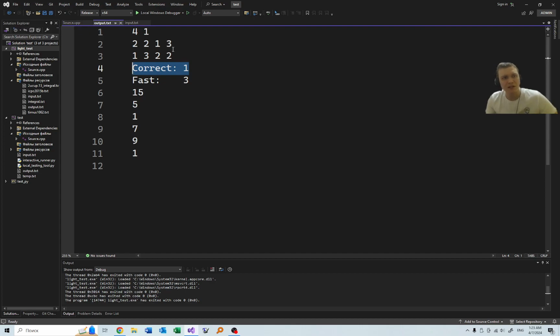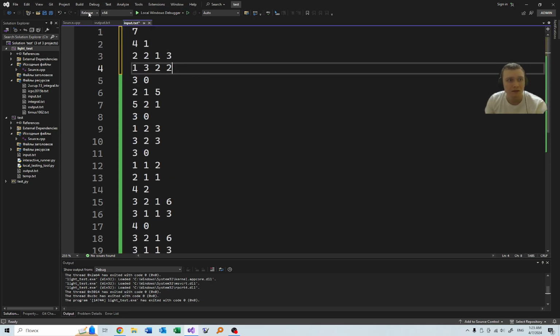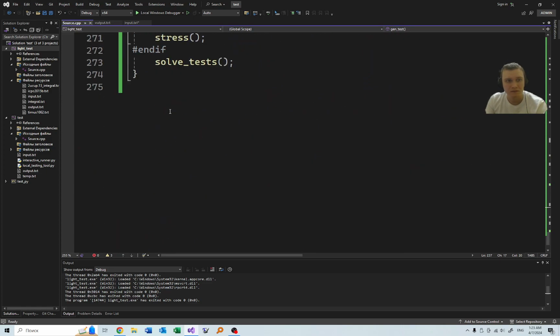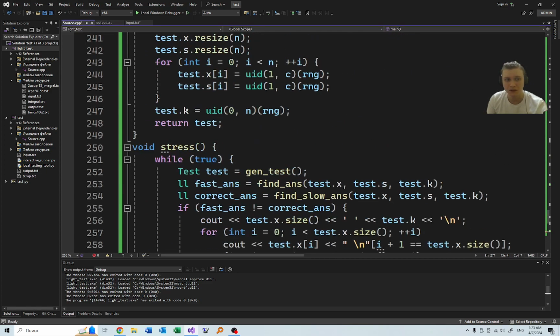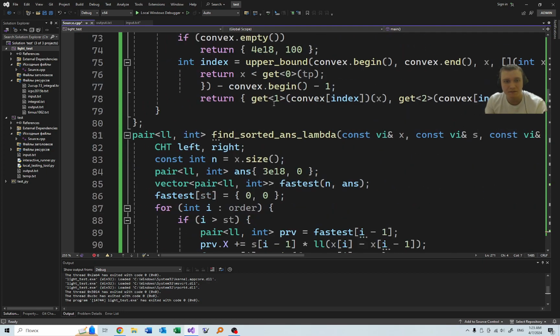For some reason, it cannot find the answer 1, which should be here. Let's see what prevents us from finding this answer.